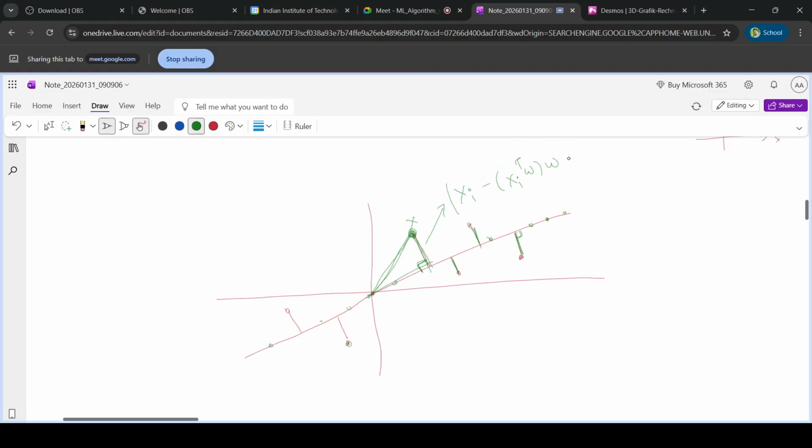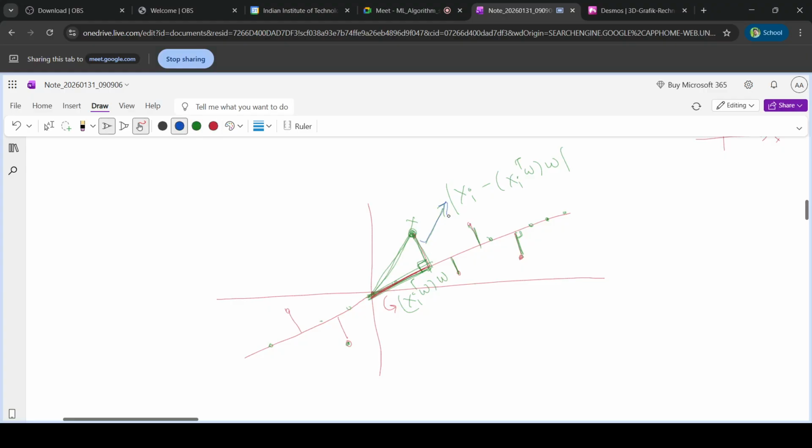This is your error. And this much is nothing but xi transpose w into w. This is this value, and this is that value.